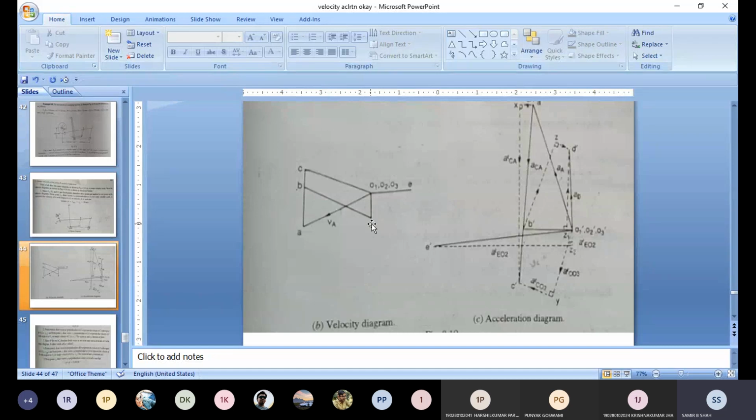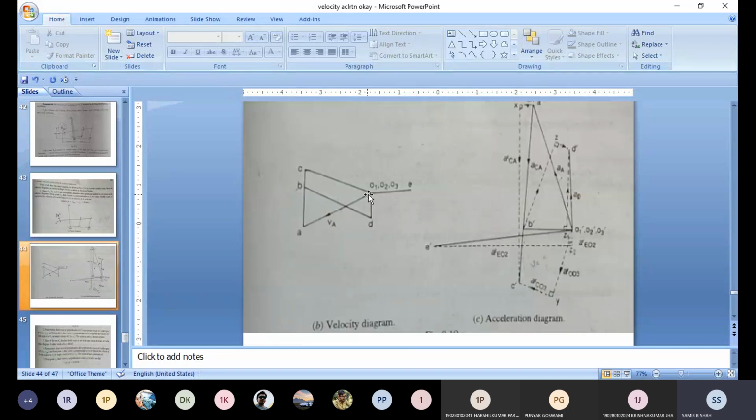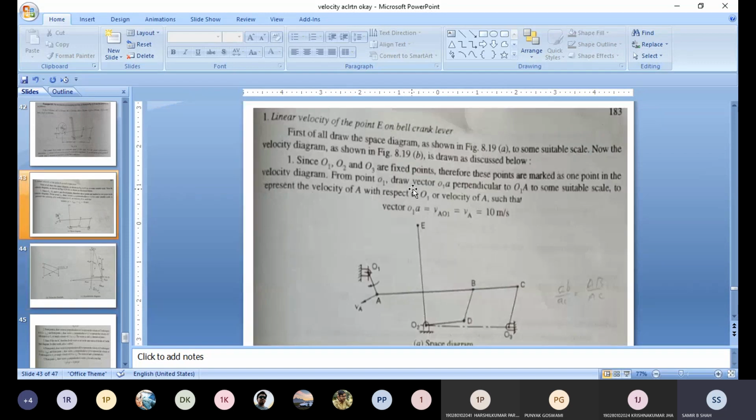After that, talk about point E. Once again it is perpendicular. Remember one thing for point E: O2D and O2E are perpendicular.